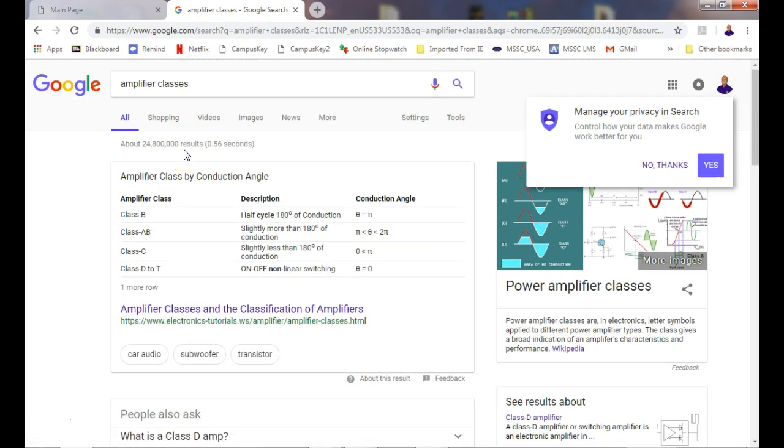The classes that we deal with in here are mostly analog classes. And they left out one right here. So in here we're dealing with Class A, Class B, and Class C, and then Class AB amplifiers.